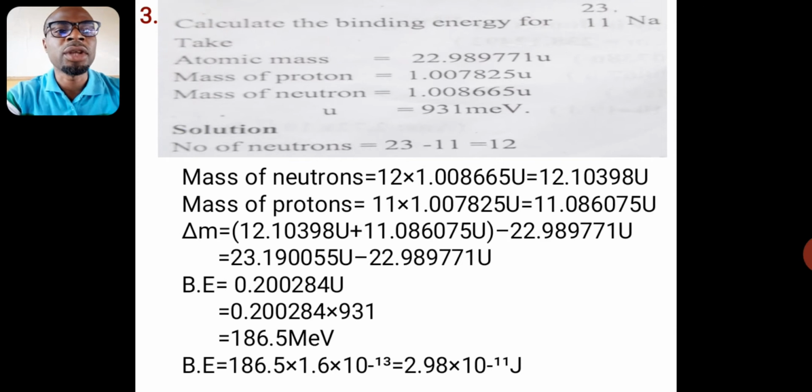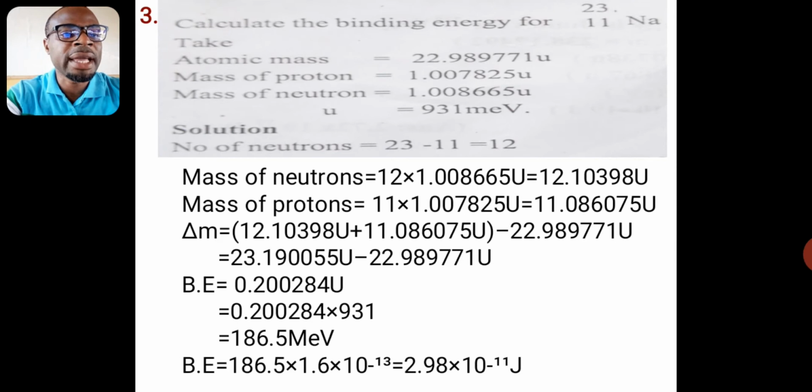12.10398 U. Mass of protons will now be 11 multiplied by 1.007825 U, which will now give us 11.086075 U. Now let's get our mass defect. If we add the mass of neutrons and mass of protons, we have 12.10398 U plus 11.086075 U, minus what?